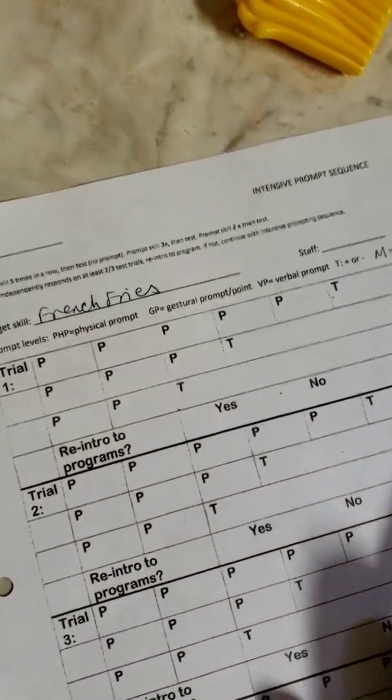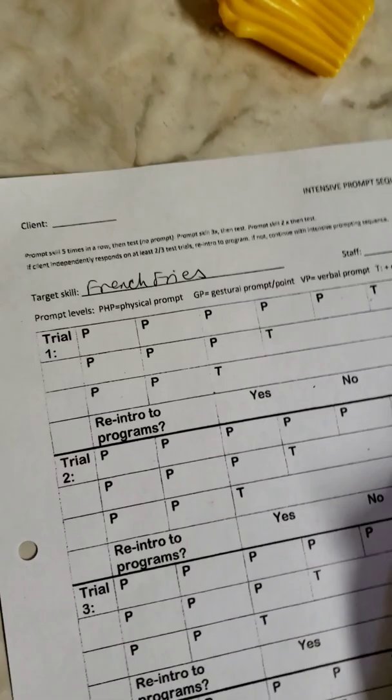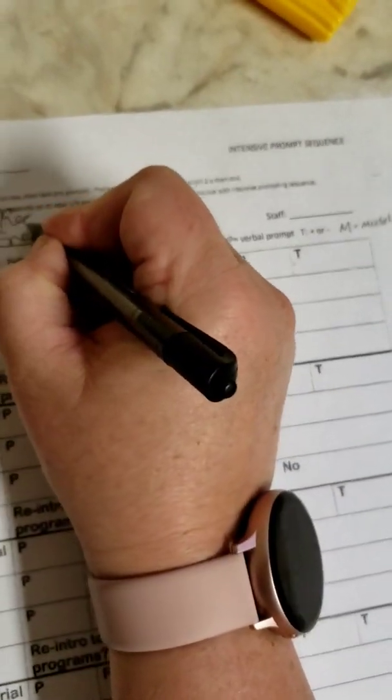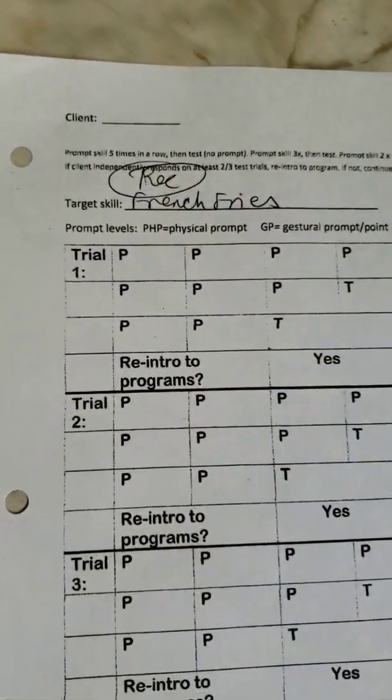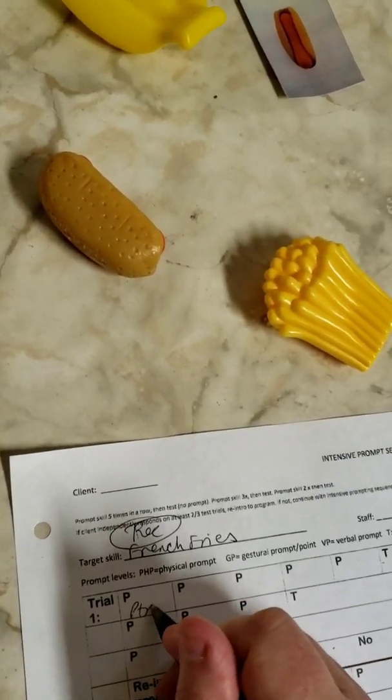So, and this gets a little tedious as well, because I am going to prompt no matter what. And this is all receptive, because remember, receptive is our end goal. Touch fries. That was a pointing prompt.